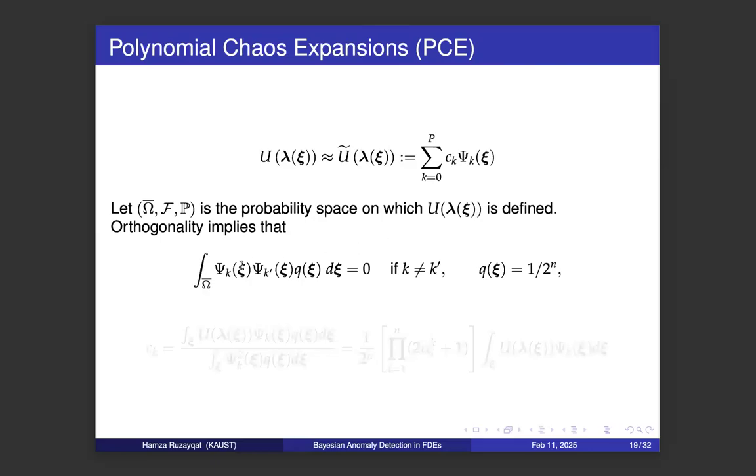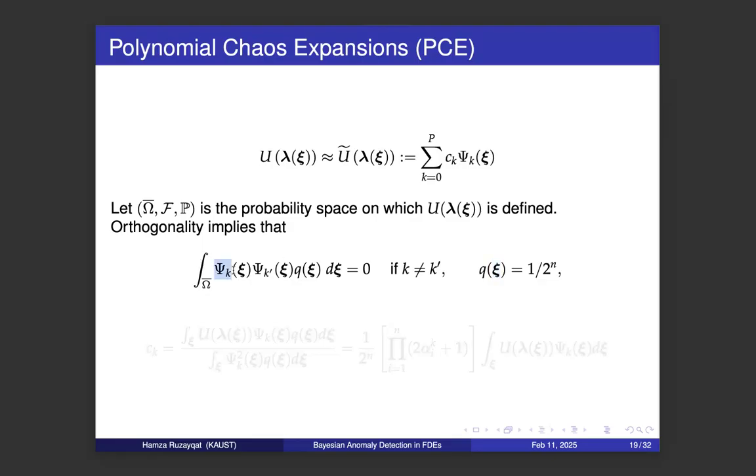Then the multivariate Legendre polynomials are orthogonal on this probability space with respect to the density q of xi, which is just 1/2^n here, because xi is a uniform random variable. So they are orthogonal.